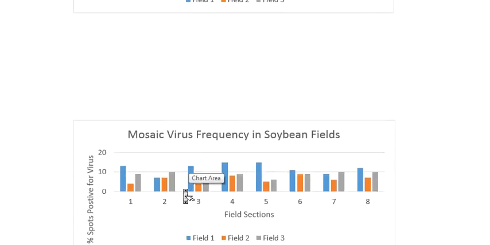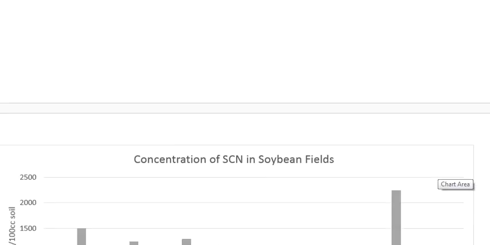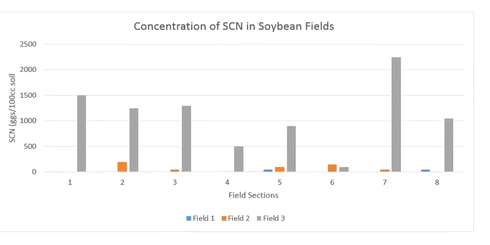So again, no big differences between the bean pod mottle virus, and the same with the mosaic virus. We don't see significant differences, not enough difference here to suggest that the viruses were the cause of the differences in yields.